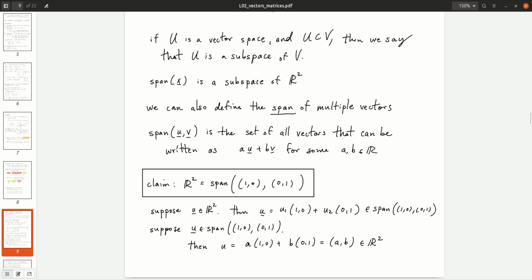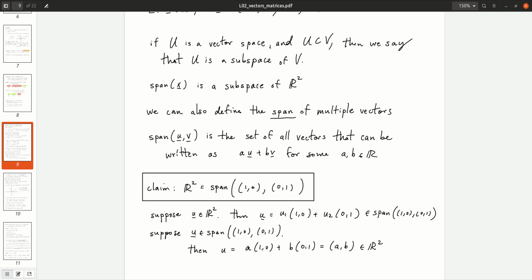And if you apply the rules for multiplying vectors by scalars and adding them together, you get that this is (a, 0) and this is (0, b), and therefore the sum of them is (a, b), which is a vector of length 2 filled with real numbers, and therefore it's a member of R2. So we just proved that if you take an element of the span of (1, 0), (0, 1), it's automatically a member of R2. So this completes the claim that these two sets are equal.